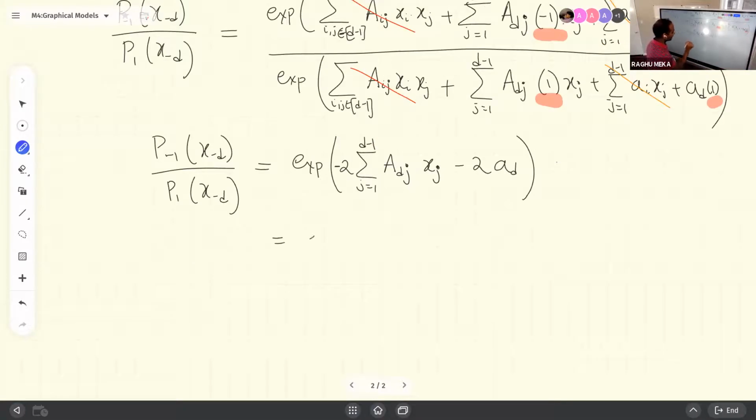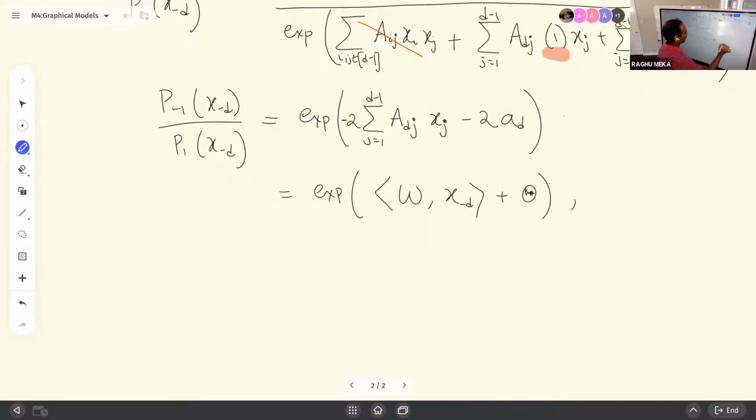I'm going to write this as exponential of some w, actually, let me just say w comma x minus b minus... okay, so I'm abstracting the question.